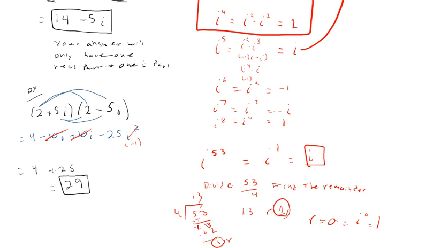This is a special kind of situation with multiplication. This is called a conjugate pair. We've talked about these before, when we're talking about simplifying. A conjugate pair means they're the same numbers, but one is a plus and one is a minus.